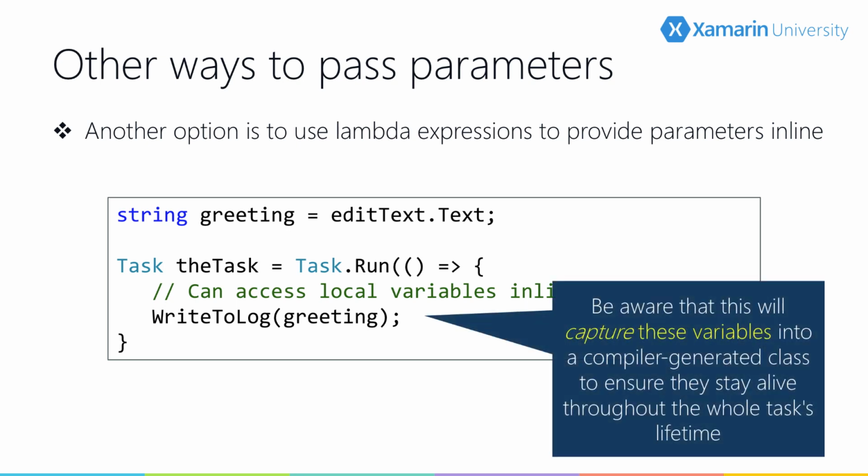If you look at what is done here, we've got this string called greeting, and we're using it inside the lambda. However, the string variable itself is declared outside of the context. And what happens here is that the C# compiler will move this local variable into a compiler generated class, and it's going to put it on the garbage collection heap. And once it's in a class, it can be shared between threads, and it can of course be shared between the method that starts the task and the task body itself.